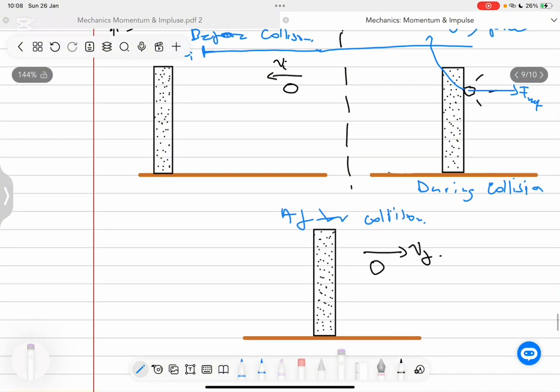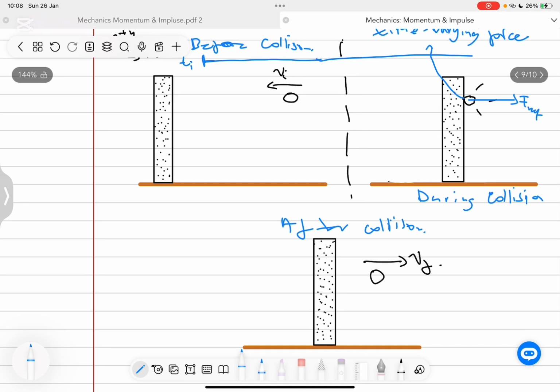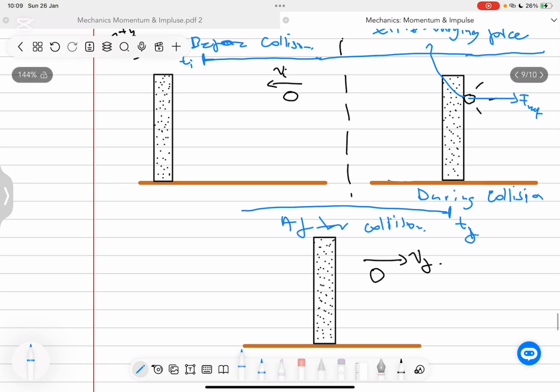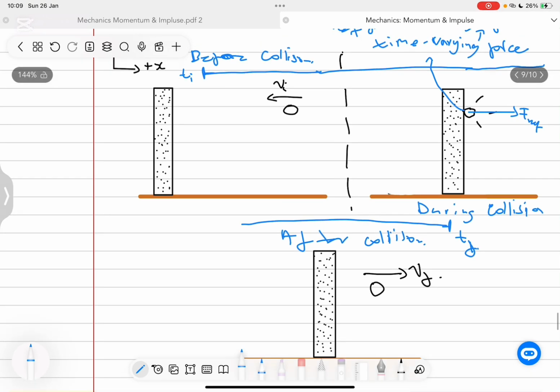Now, at this stage, you also have to realize that as the ball experiences this force and goes backwards, the time will still continue going forward until the ball is going in that direction and we have the final time, TF. This means that in the entire motion, we have the final time minus the initial time. This will give us the change in time.